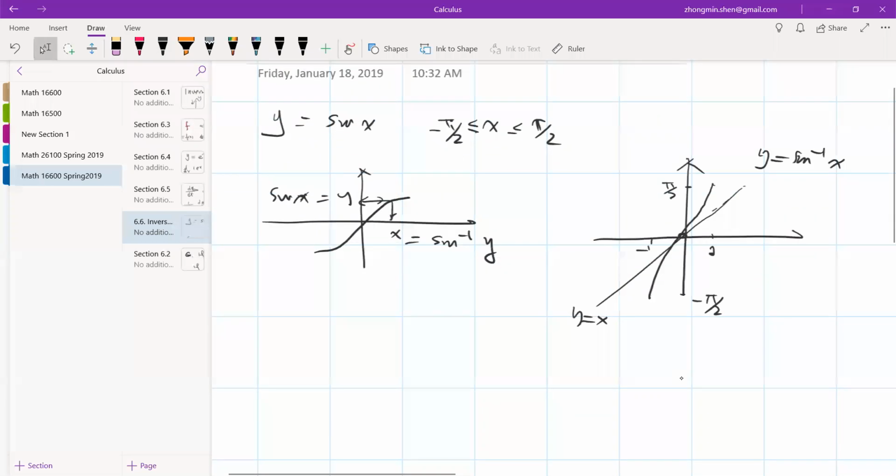I'm more interested in the derivatives. Very curious about the derivatives. How do I find the derivatives? I think we already have the formula.